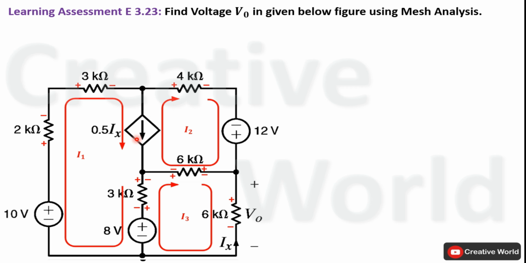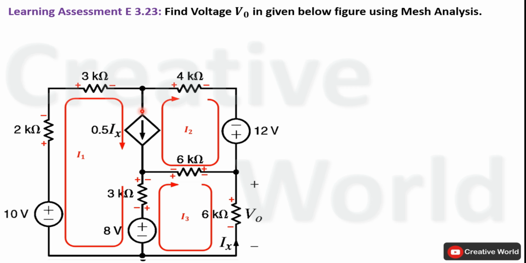This current source exists between these 2 meshes and the direction of this current source is downward, in the direction of current I1, and the value of this dependent current source is equal to the difference of these 2 currents, because these 2 currents are passing through this branch in opposite directions.